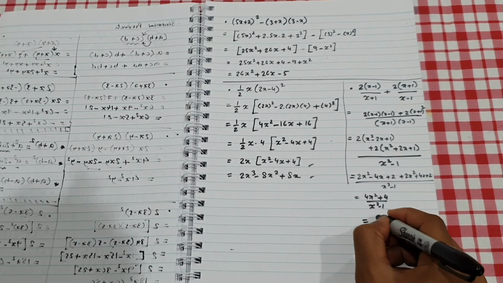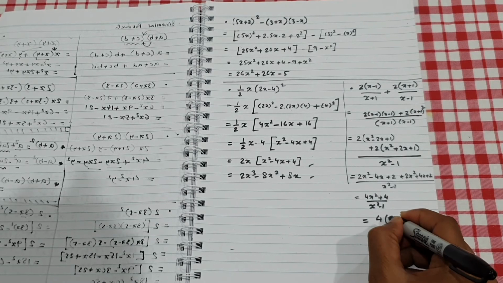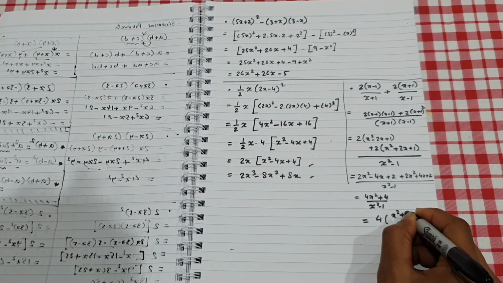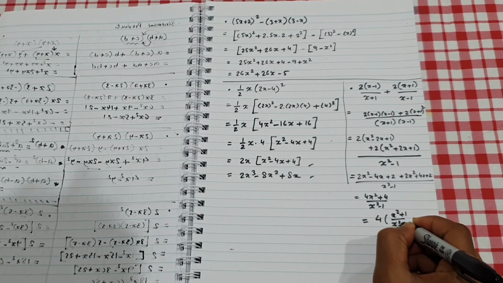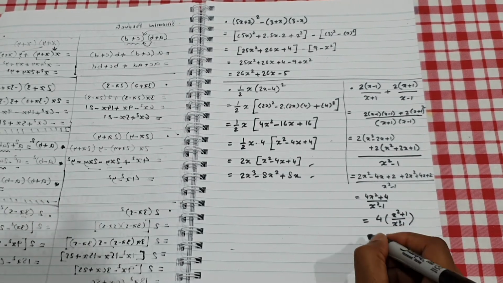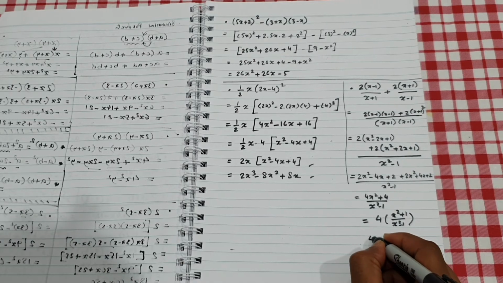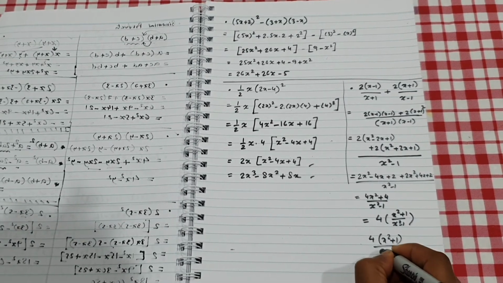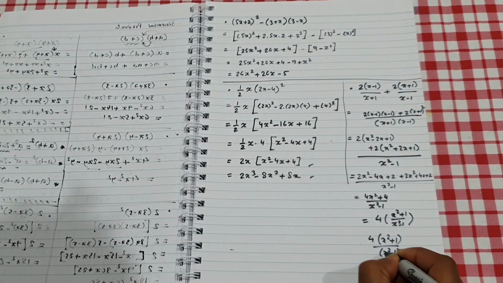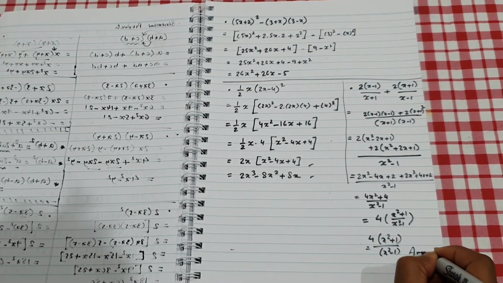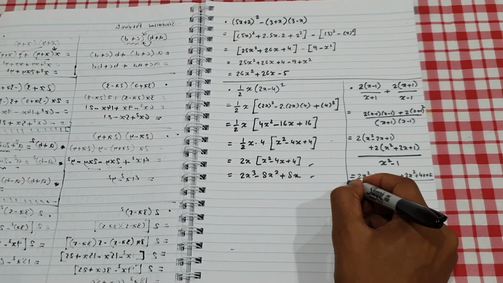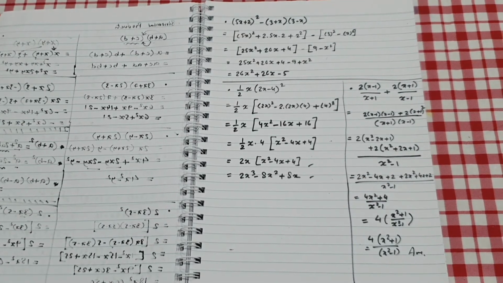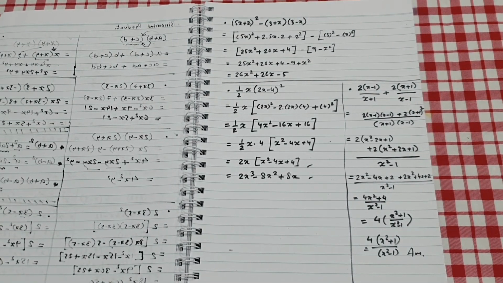So this will be, take 4 common, x squared plus 1 by x squared minus 1. That will be your answer. So you can write it like this, 4x squared plus 1 by x squared minus 1.